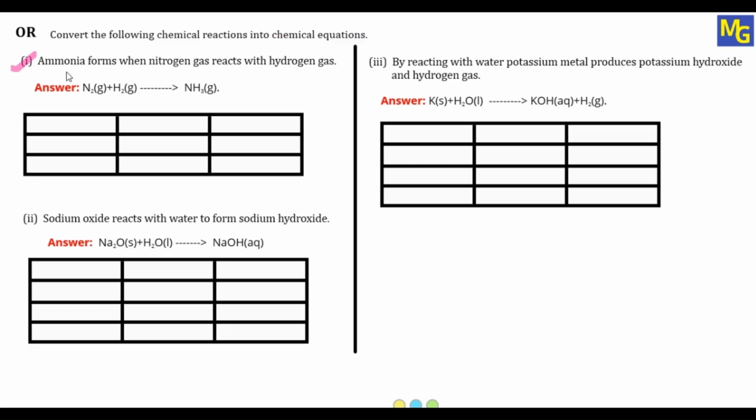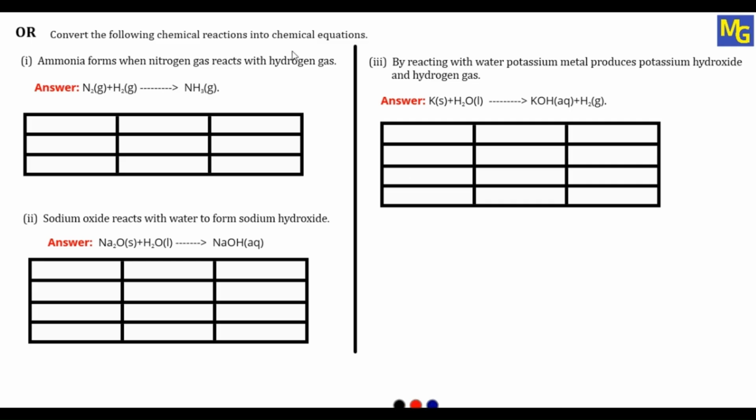So the first one, ammonia forms when nitrogen gas reacts with hydrogen gas. So by reading this sentence, first find out which are your reactants and which are your products. So here you can see ammonia forms, means ammonia is your product. Nitrogen and hydrogen react, means these are your reactants. So you should know the symbols of these. Take those symbols and then you can prepare your reaction.